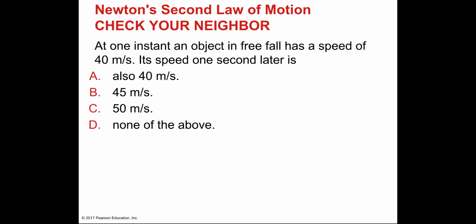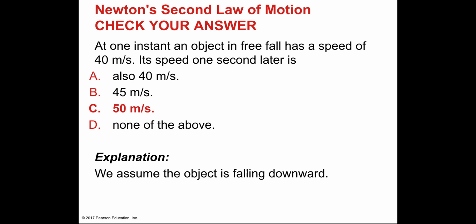So at one instant, an object in free fall has a speed of 40 meters per second. Its speed 1 second later is, this is something we've seen before. We assume the object is falling downward.